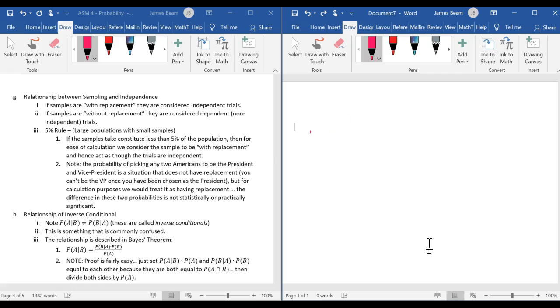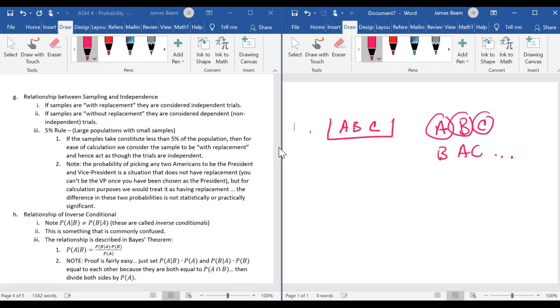If you're sampling from a set, let's say I have a set with A, B, and C in it, and I start sampling and I pull A, and then I take A out, but I don't put it back, then I can't pull A again. So then I could pull B, right, and put it back in, then C. So that's one possible outcome, and B, A, C would be another possible outcome. We'll get into combinations and permutations a little bit later on where we start counting these things. But this is without replacement, right?